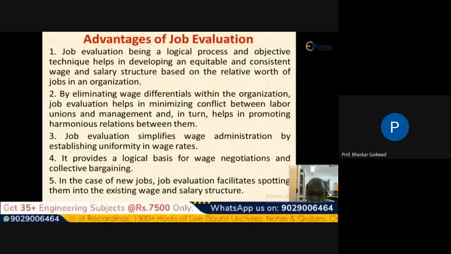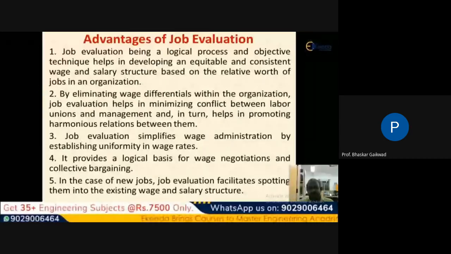So I can negotiate with the labor, and the labor also has an open idea about the salary structure, so he can demand wages according to the work that is being performed by him. In the case of new jobs, again it is easier for me to fix the wages by comparing with the older jobs that are being done.